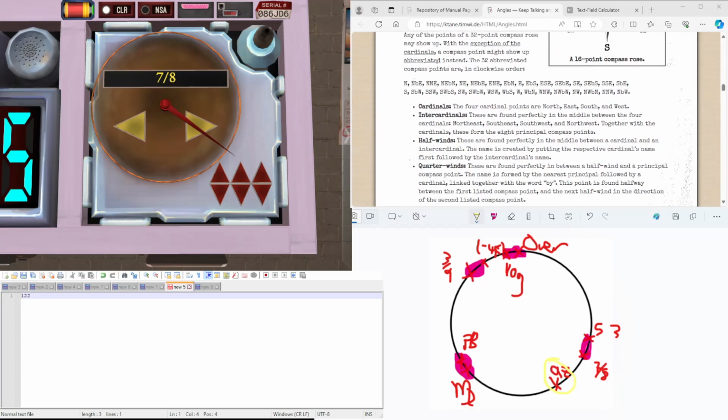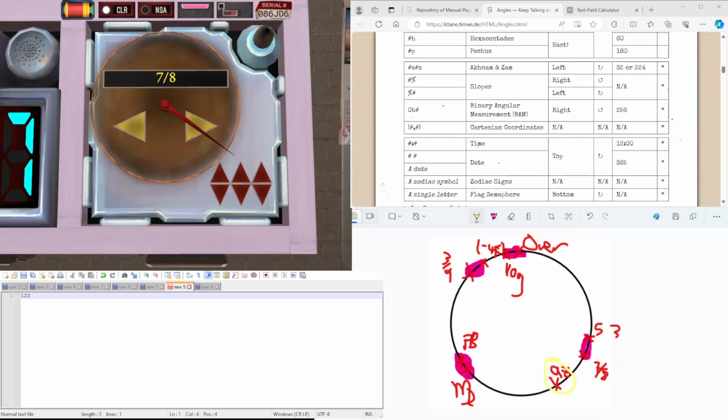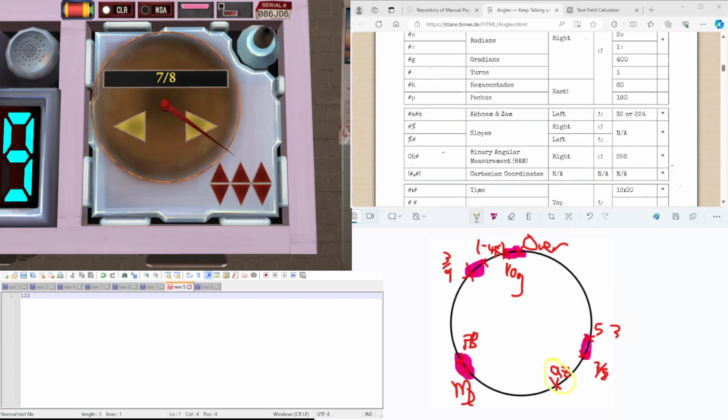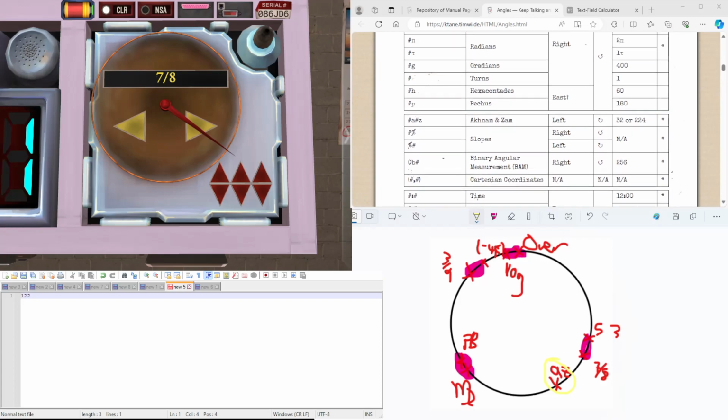So getting this back to where it needs to be, we need the left. And then going this way.